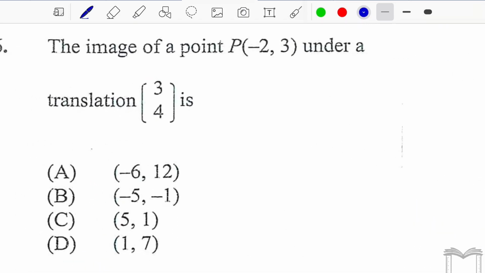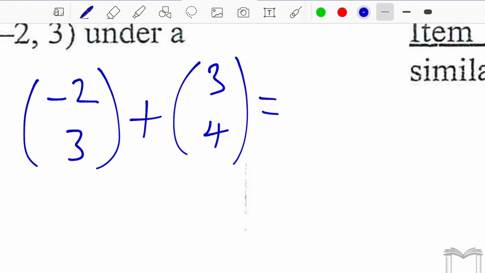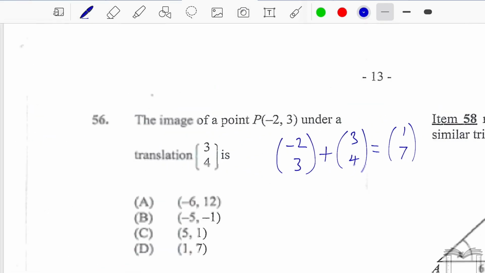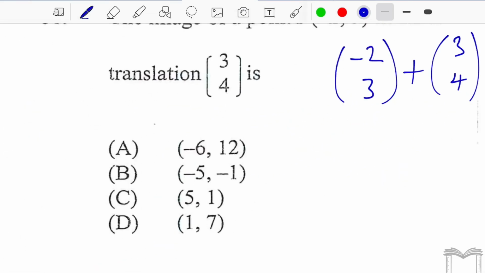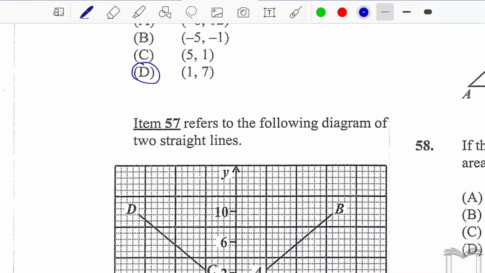So in order to determine the coordinates of that image, we simply must add (-2, 3) plus (3, 4). Minus 2 plus 3 is equal to 1 and 3 plus 4 is 7. So the answer is D.